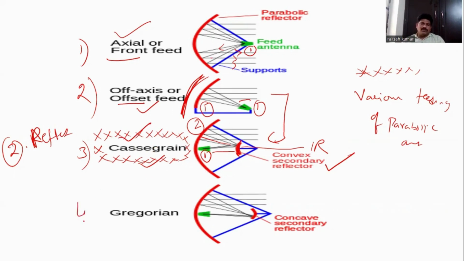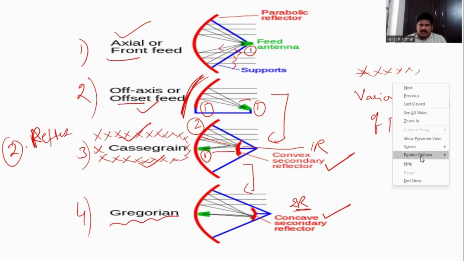And the fourth one is Gregorian. What is the difference between Cassegrain and Gregorian? Here also two reflectors will be there. But here, what is the shape of the first reflector? It is concave. The shape of the first reflector is concave.